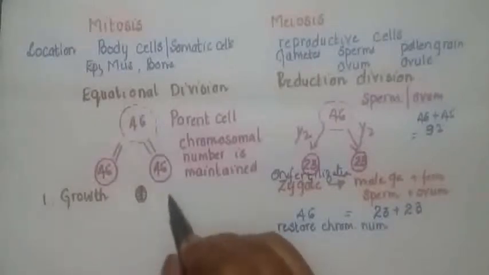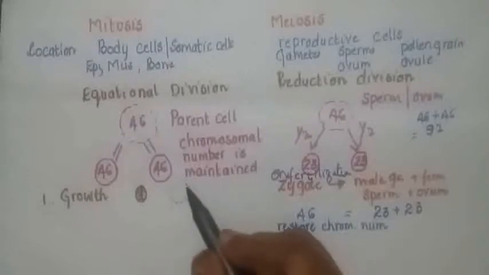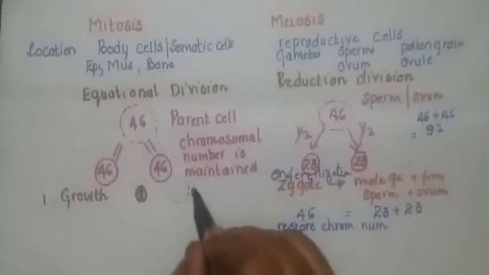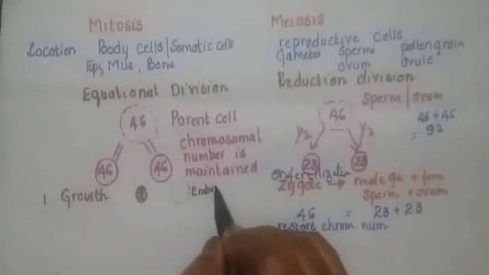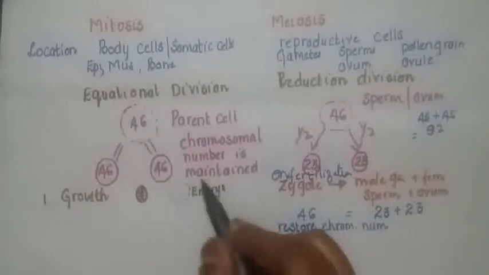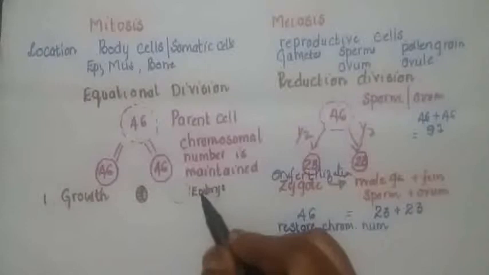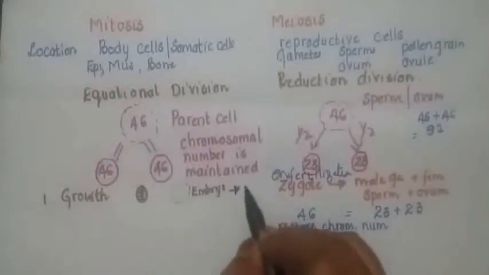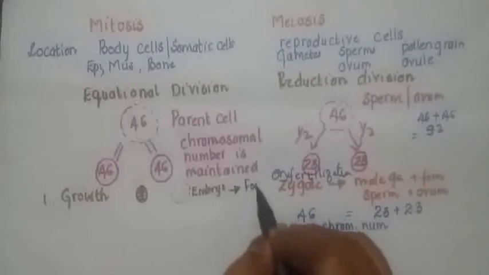Gradually there is an increase in the size of this zygote due to the repeated cell division, and finally there is a formation of the embryo, and after the formation of the embryo, certain parts will change into certain organ systems, and finally there is a birth of the fetus or the baby.